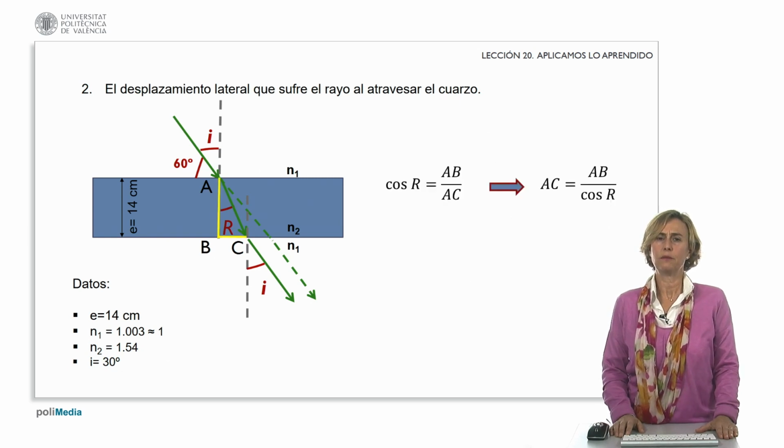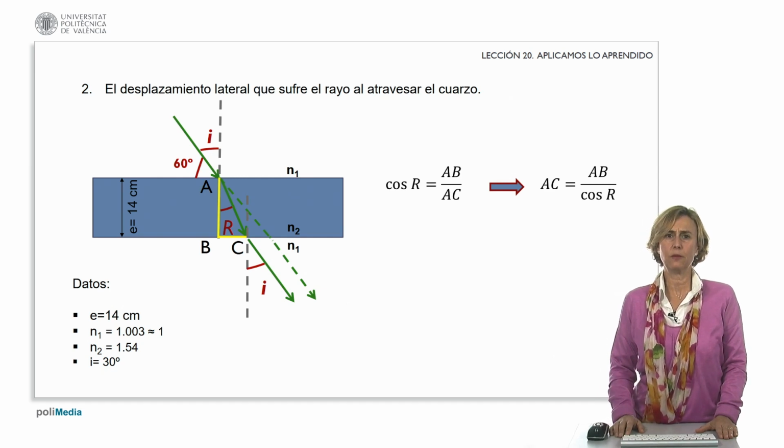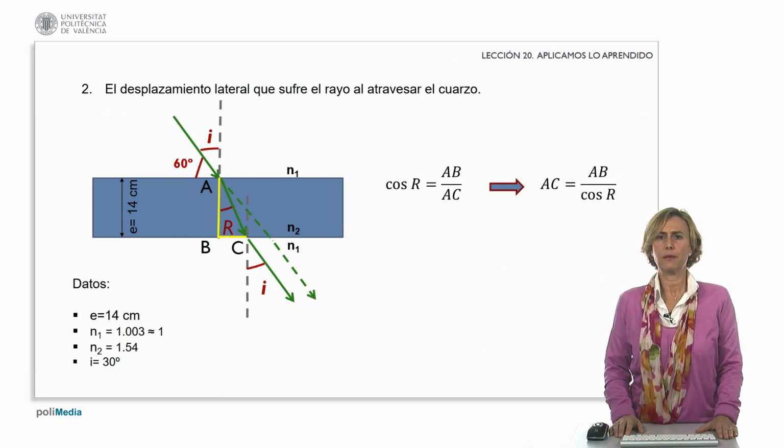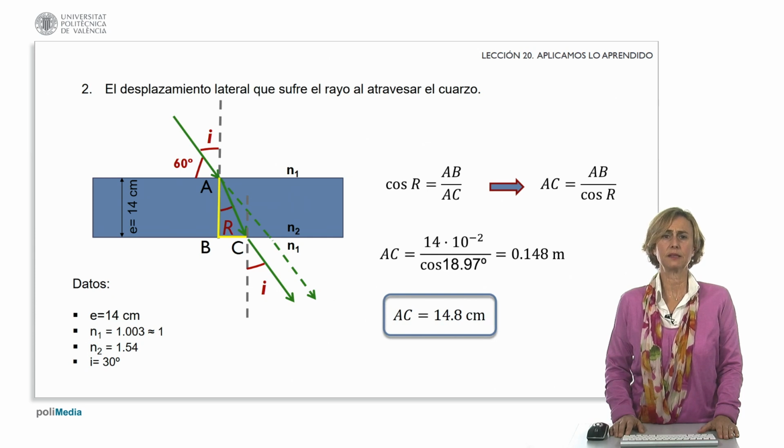To do this, we will determine the distance AC. The cosine of the refracted angle will be equal to AB, which is marked in yellow, divided by AC, which will be the hypotenuse. Therefore, AC will be AB divided by the cosine of the refracted angle. Substituting values, we obtain the value of that distance, which is 14.8 centimeters.